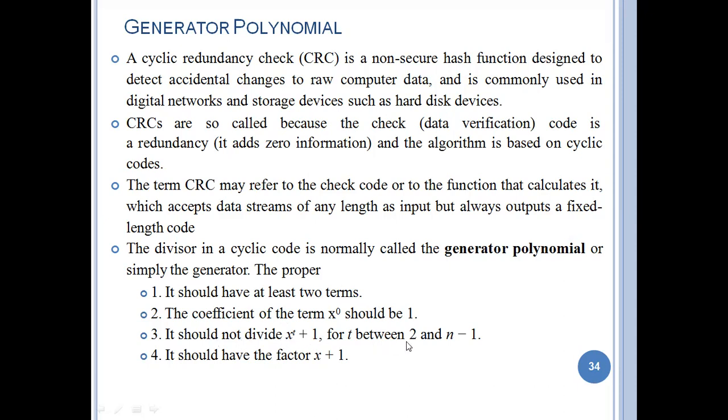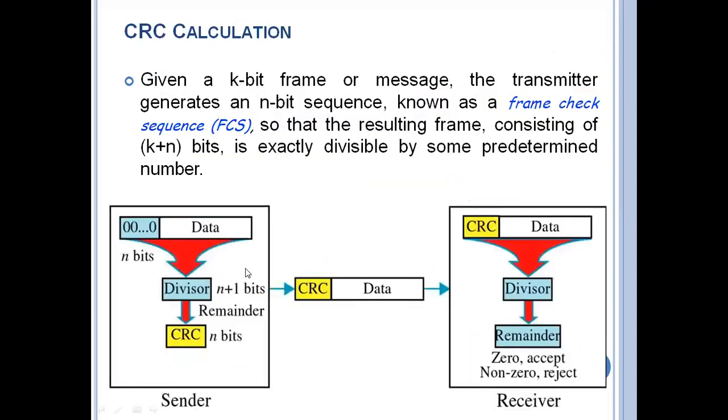For t bits, 2 and n minus 1, it should have the factor x plus 1. In the CRC calculator, the divisor and remainder are at the sender end, and this is the receiver side. So we use encoders and decoders in the cyclic redundancy check.